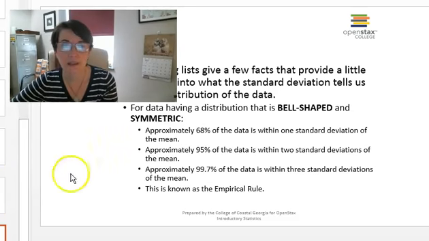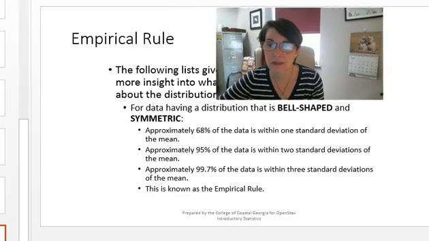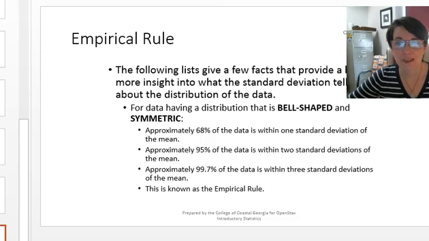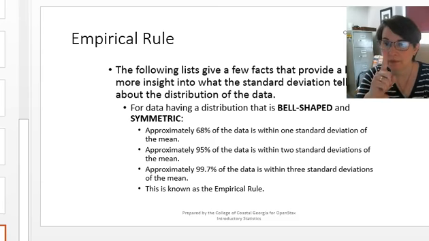So the other rule is the empirical rule, and it states, I'm going to stick my head way off the side here, that approximately 68% of the data is within 1 standard deviation of the mean. Now when I say that, think of the mean in the middle here, and on either side I have 1 standard deviation. So I go over here to the mean and then over here to the mean.